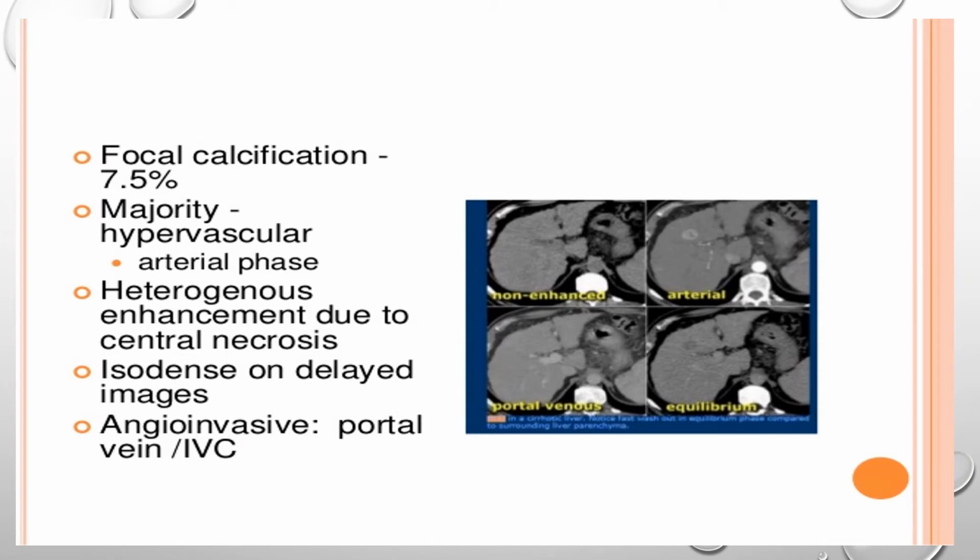The tumor may invade the portal vein and IVC, and these can be studied using the contrast scan. On contrast study, if the soft tissue lesion in the portal vein or IVC enhances like that of the liver, then it is a case of angioinvasion, whereas in the case of absence of enhancement, it is thrombus.